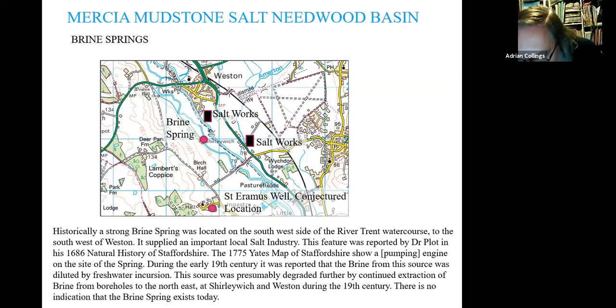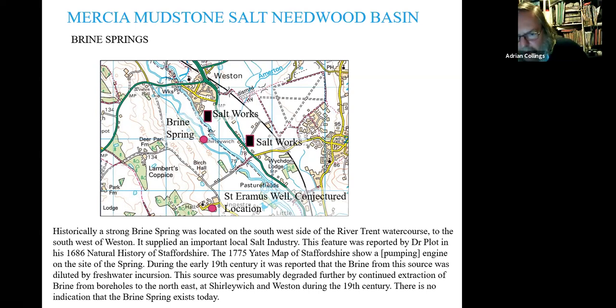The 1775 Yates map of Staffordshire shows a pumping engine on the site of this spring. However, during the early 19th century, it is reported that brine from the source was diluted by freshwater incursion. This source was presumably degraded further by continued extraction of brine from boreholes to the northeast at Shirleywych and Weston during the 19th century. There is no indication that the brine spring exists today.